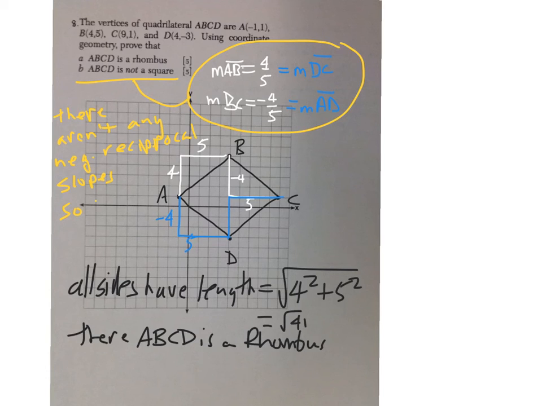So there are no right angles. So I can go on to conclude that ABCD is not a square.